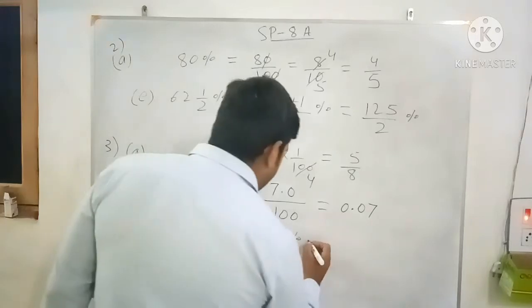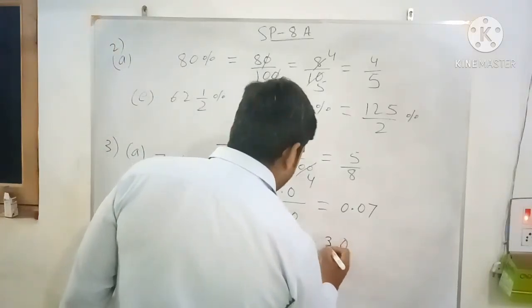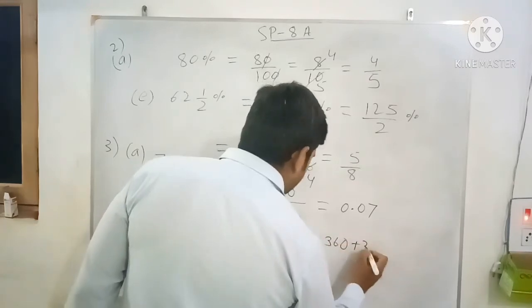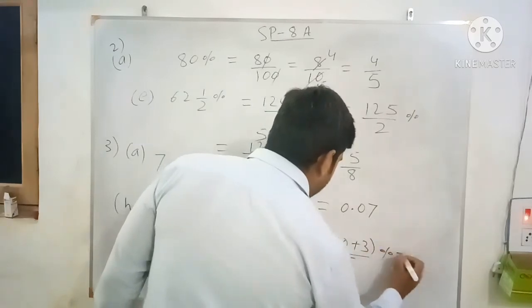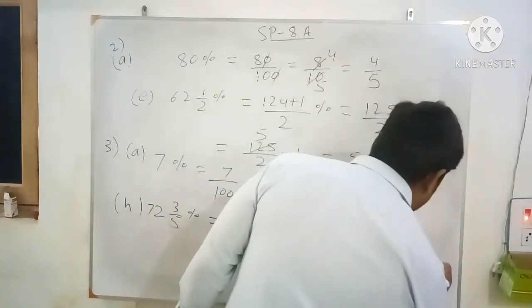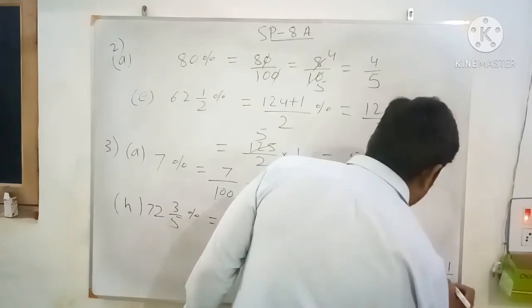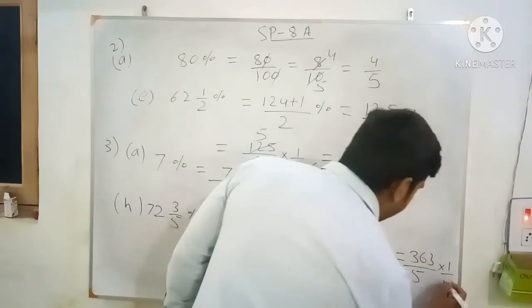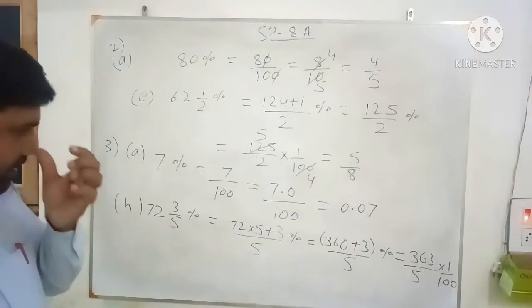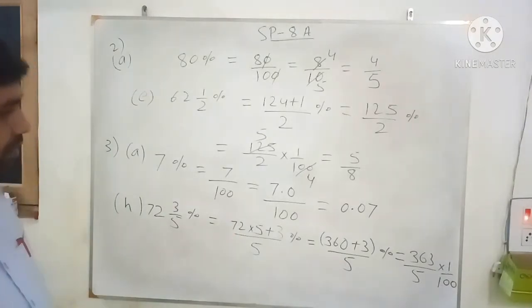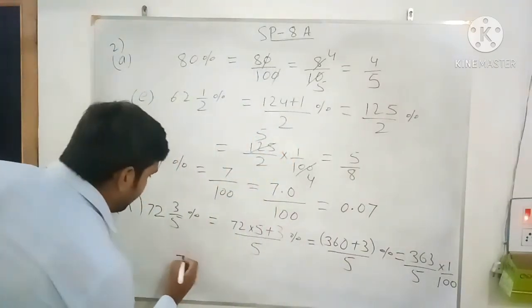Now 72 5s are, see, 5 2s are 10, 0, 5 7s are 35, 360 plus 3 by 5%. So here we will get 363 by 5 into 1 by 100. On the place of percentage, we can write 1 by 100. So what we got here, 363 by 5 into 100, 500. Now we divide 363 by 5 and we will get the number in the decimal form.